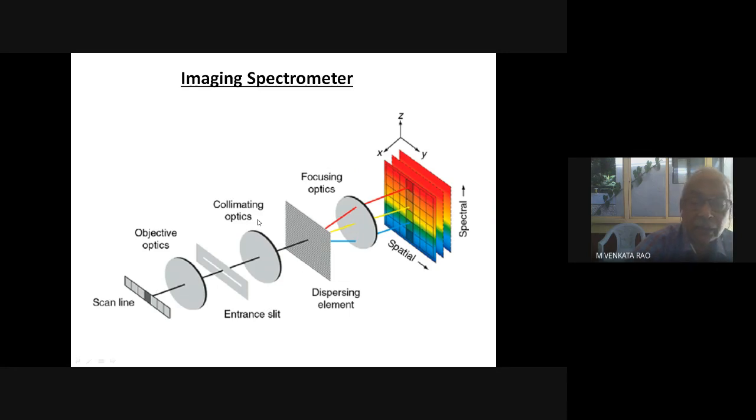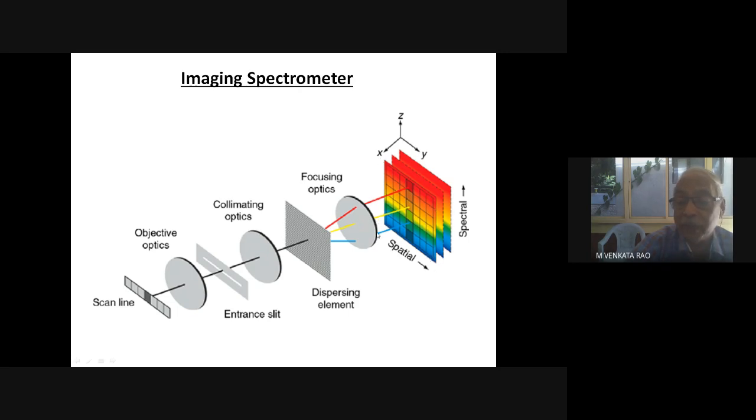Basically, configuration wise, there will be a scan line, an objective lens, and a slit. When the light passes through the slit, it becomes dispersed, and then there is a collimating element. This is the dispersing element, a grating or something. Here it gets dispersed into a number of wavelength colors. The detector is put here.